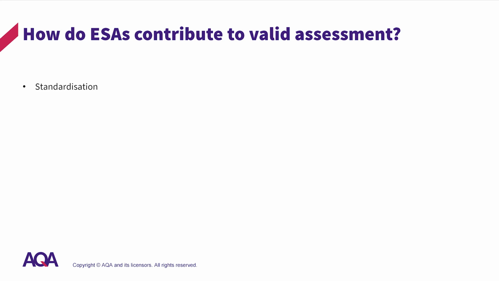So you've both mentioned the externally set assignments. So let's talk about those a little bit more here, Kevin. Can you tell me how we standardise the assignments? It's a process of looking at each of the starting points and making sure that there's no gender bias, that there are opportunities for students from different backgrounds to be able to respond to those starting points.